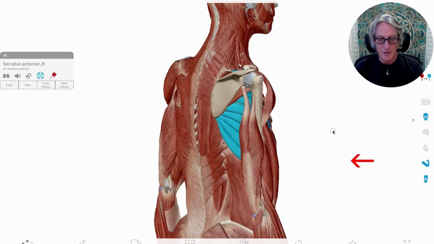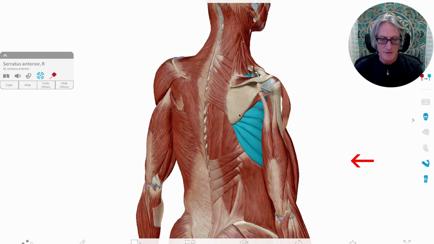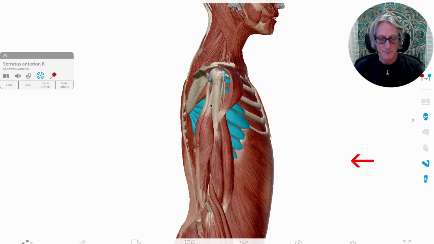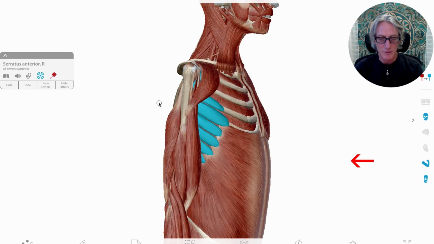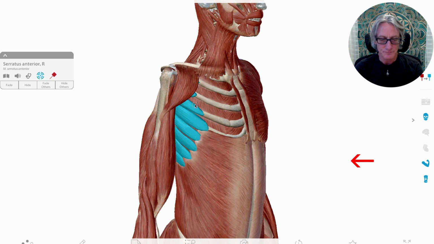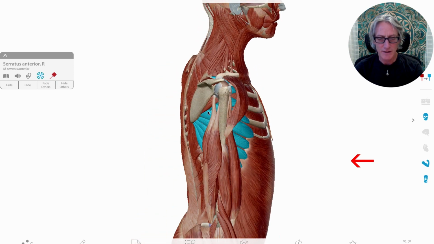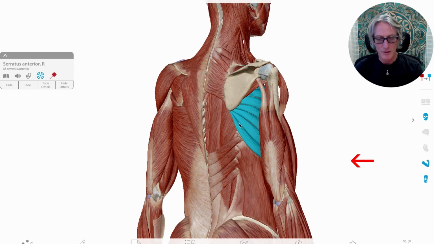The serratus anterior connects on the front of the scapula along the medial border. So it goes underneath the scapula along the medial border here, and then it wraps around all the way to the rib cage. So when these muscles contract, the scapula will protract or abduct, come forward along the ribs. Also, when these lower fibers contract, you're basically going to get the upward rotation of the scapula.